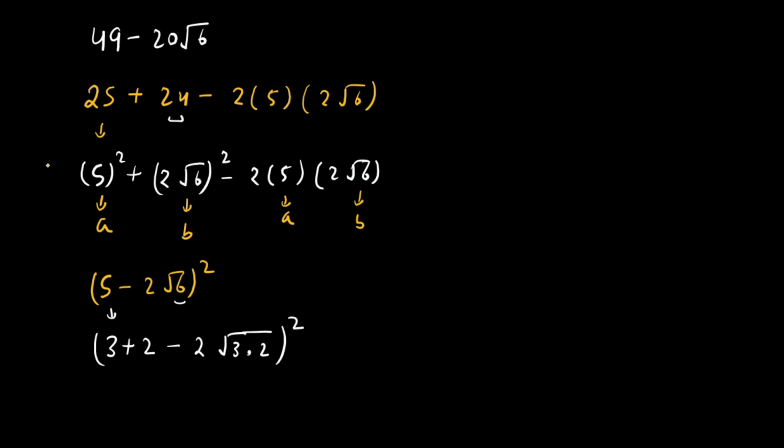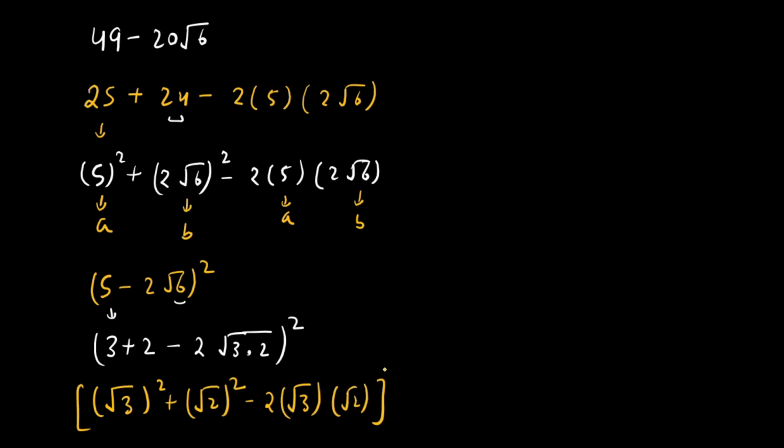Now this 3 is the same as square root of 3 bracket power 2, plus this 2 is the same as square root of 2 bracket power 2, minus square root of 3 times 2, which is the same as square root of 3 times square root of 2 bracket whole power 2.